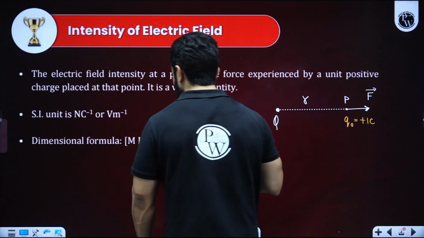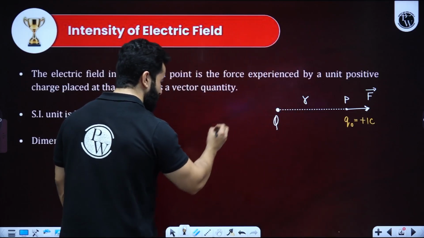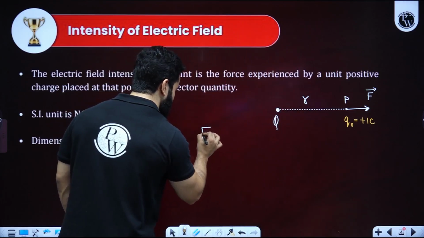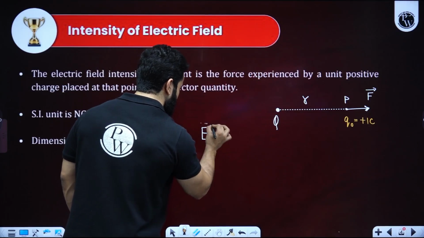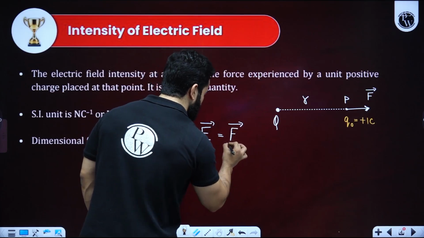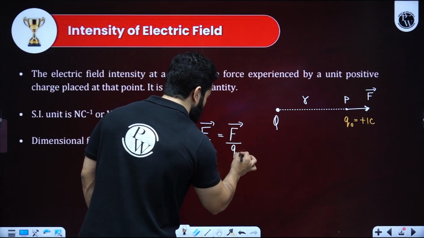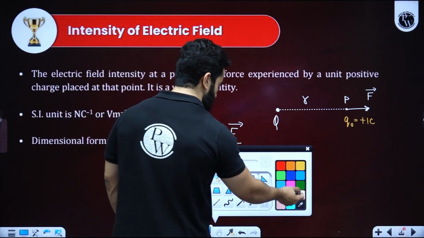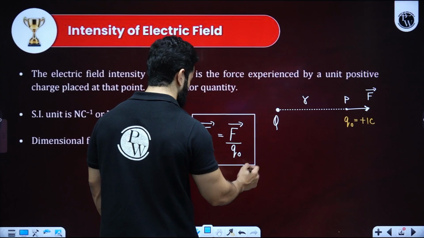So electric field intensity is defined as the force experienced per unit charge: F divided by q naught. This is the formula for electric field.